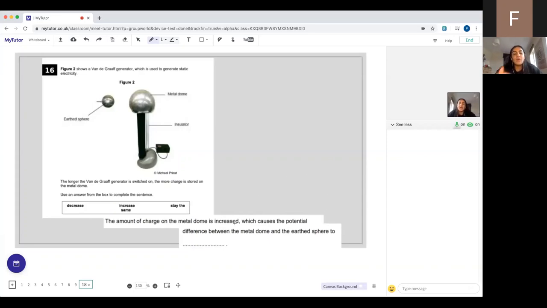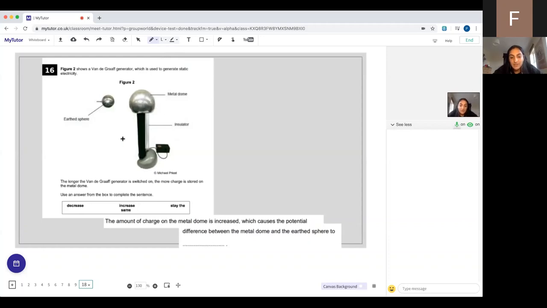Now, what this means is that we've got a metal dome here and an earth sphere here, and there's electrons between them, so the transfer of electrons between them. Remember, the electrostatic force is a non-contact force. So they don't need to be touching for the earth sphere to feel the force of the metal dome, to feel the positive charge on the outside of the dome.